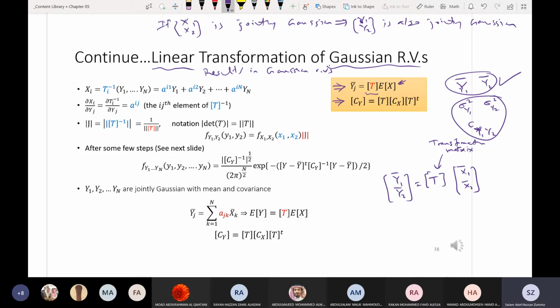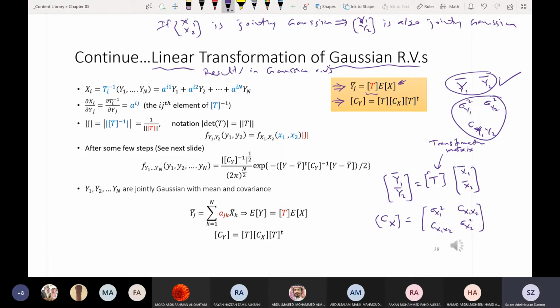If you remember, the covariance matrix was C. The matrix CX was equal to, if you remember, the variance of X1 and the variance of X2, and in the cross diagonal we have the covariance between X1 and X2, and the covariance between X1 and X2. It's a symmetric matrix.